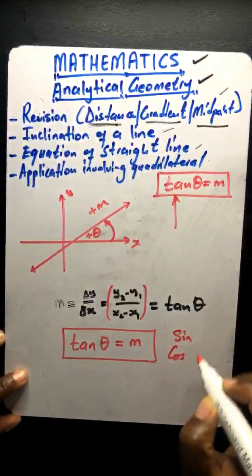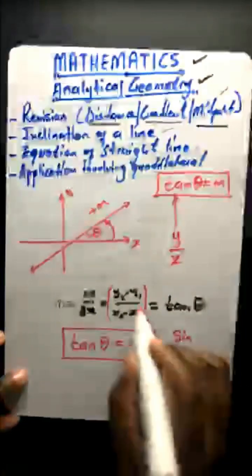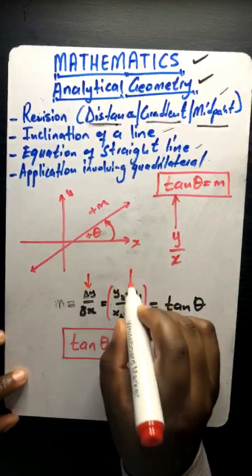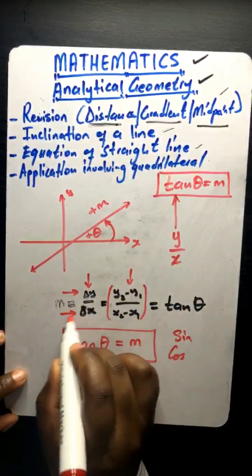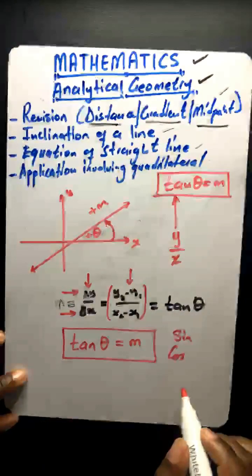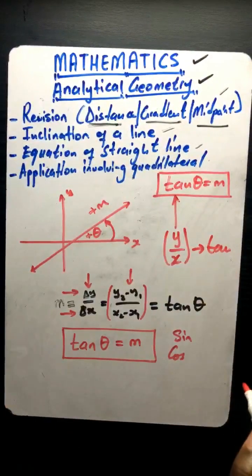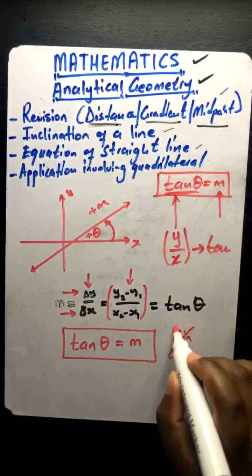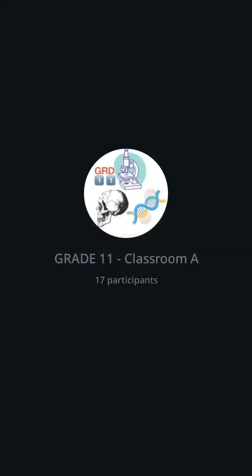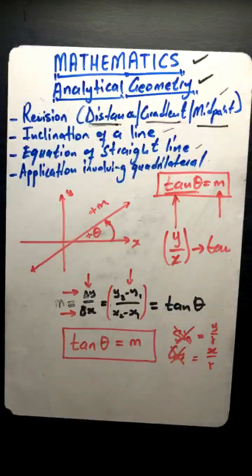Because the ratio of tan is made of y over x, and when you look at this formula, you can see that you've got y as the numerator and x as the denominator. That is the ratio for tan. That is why gradient is equal to the trig ratio of tan and not that of sine or cos, because for sine the ratio is y over r, and for cos it is x over r. We are still getting to that part of trigonometry.